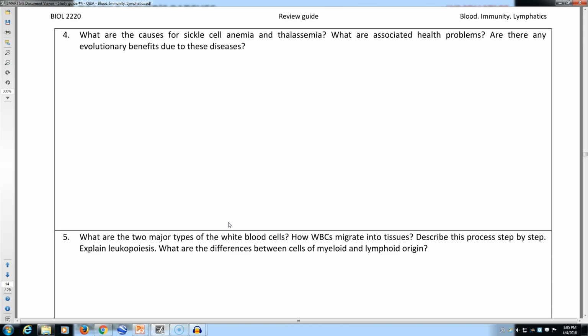Two major types: granulocytes and agranulocytes, and how they migrate into tissues. Describe the process step by step. That's inflammation that I referred to. Leukocytosis, rolling, adhesion, diapedesis, positive chemotaxis. Good?